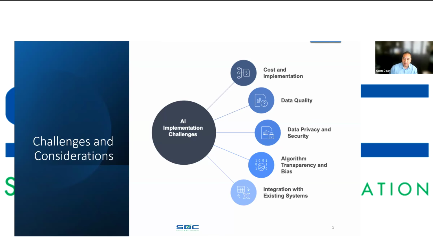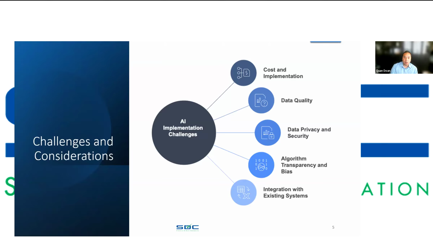One of the newer topics that has come up in the AI space, kind of just like with humans, as we touched on earlier, is algorithm transparency and bias. Ensuring transparency in the AI models is key for us to gain confidence. You don't want to go into a tool and just think of it as a black box, where you don't know how it works, or whether it is making the right decision for what I'm looking to do.